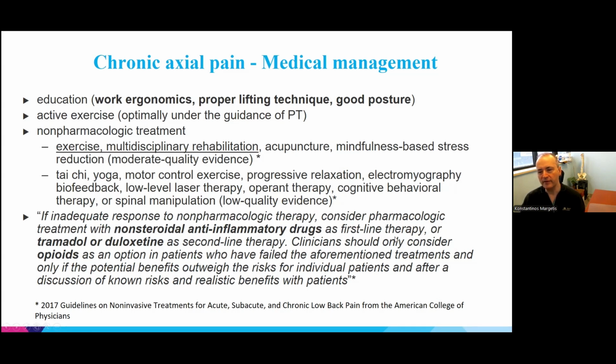But we need to be very, very careful to avoid transitioning to stronger pain medications, especially opioids. The pharmacological treatment is usually done by the interventional spine specialist. I'm not the person who prescribes this medication, so I wouldn't like to say anything more about it, because that's not my area of expertise.